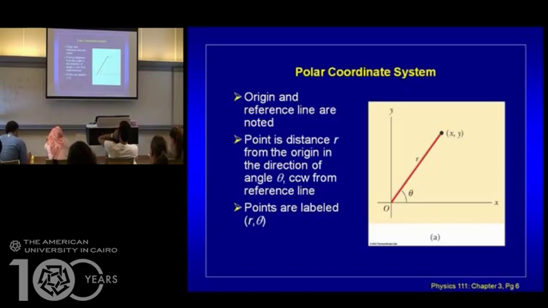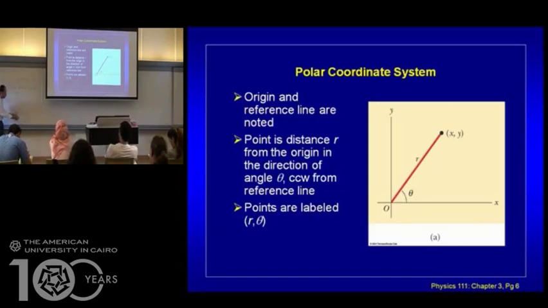Look at this equation. Y equals R sine theta. X equals R cosine theta. If we know R and theta, if we know information about the vector in the polar coordinate system, we can get Y and X.